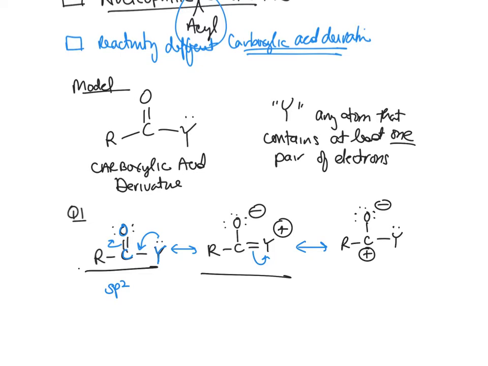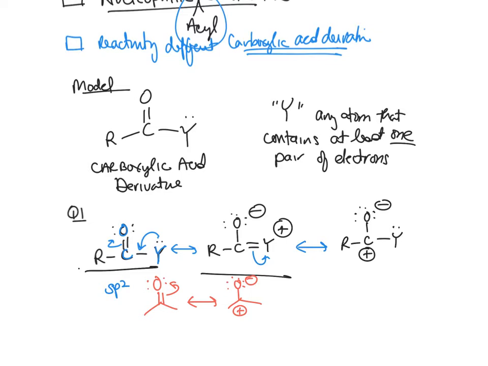Draw the resonance forms of a ketone. Okay, well, a ketone would be something such as this, and your resonance structure would be a negative on the oxygen and a positive on the carbon. Compare the resonance forms of the carboxylic acid derivatives to the resonance form of the ketone. How are they different?